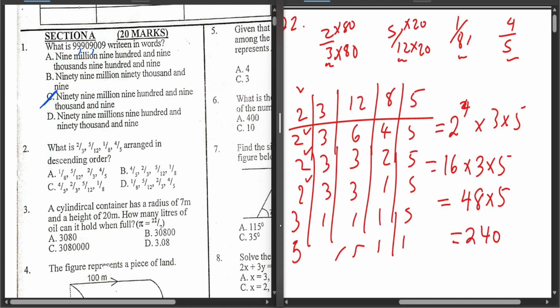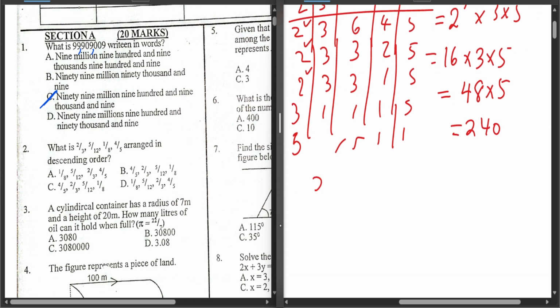For you to get 240 as well from 8, you multiply by 30. And here you multiply by how much is it? 48. Yeah, it's supposed to be 240 divided by 5, 48. Now let's do that.